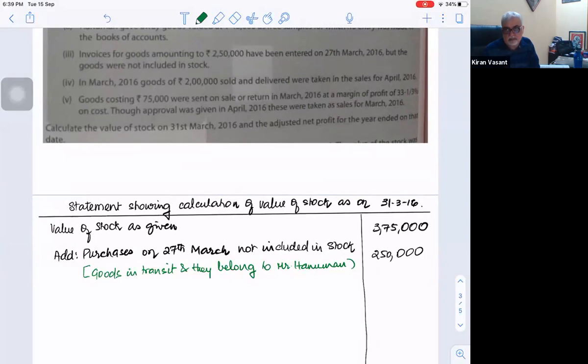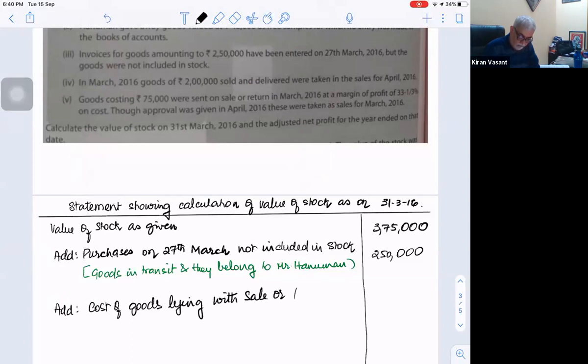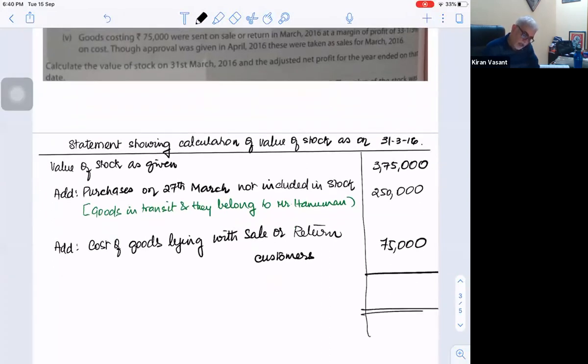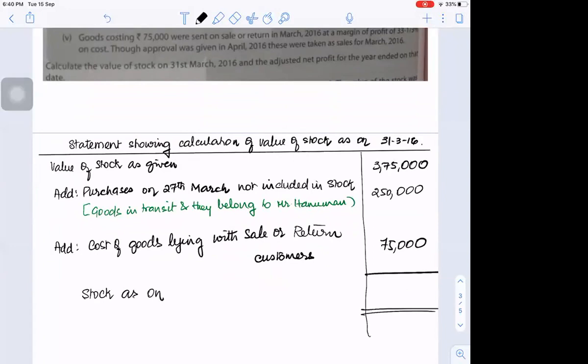Goods should be valued at cost. So, what is the total here? 7 lakhs.